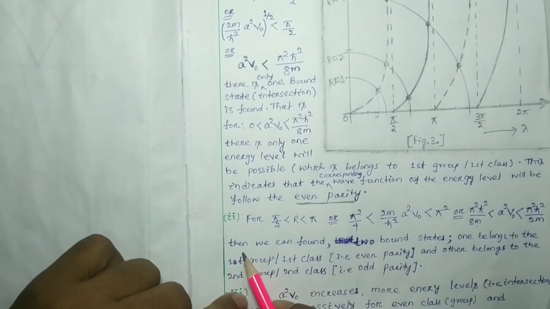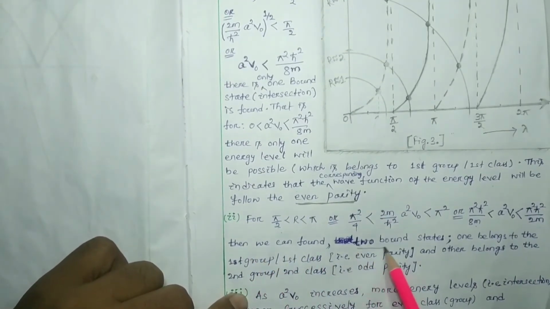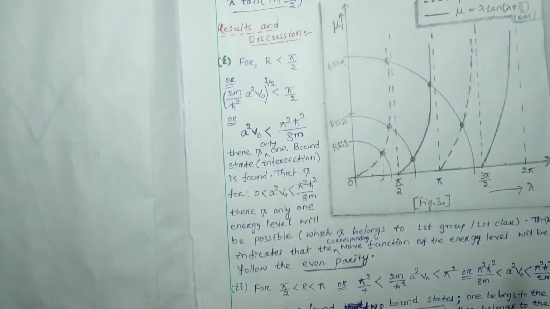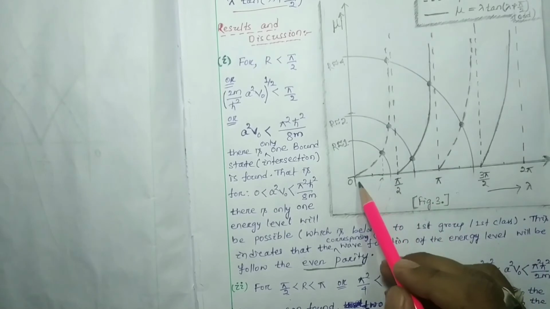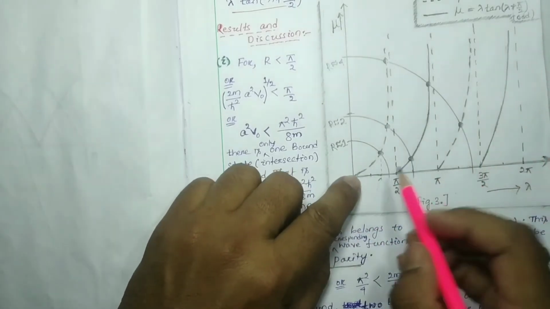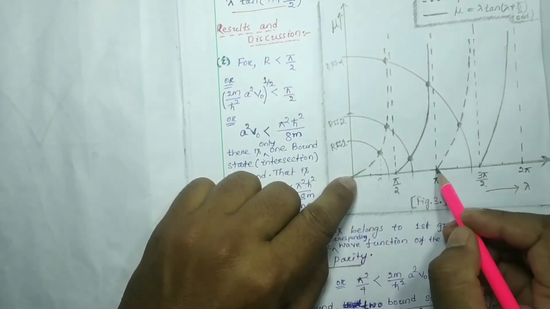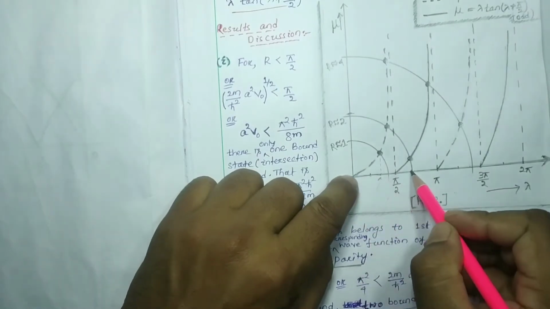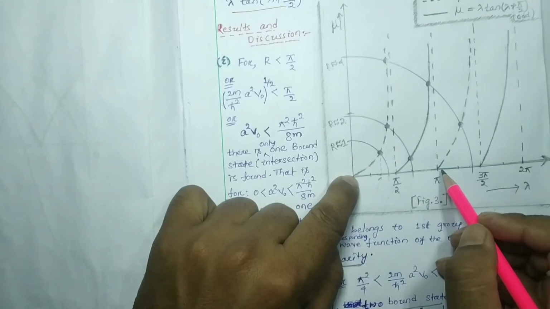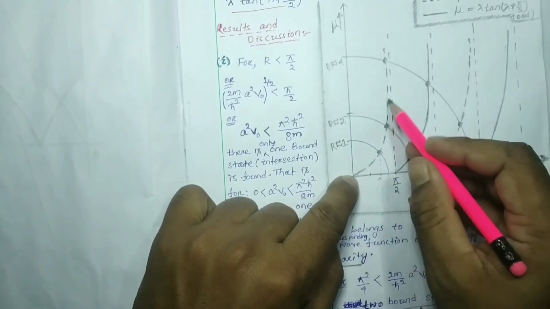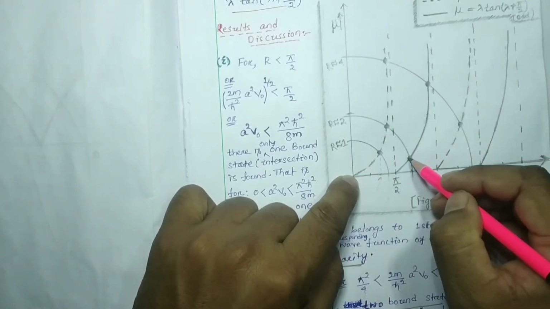Then what are we going to find? We can find two bound states. See, if we consider a radius like this, any radius which is less than pi, here we have taken this radius which is less than pi. So how many cuts can we find? This is one cut with the curve, this is another cut.